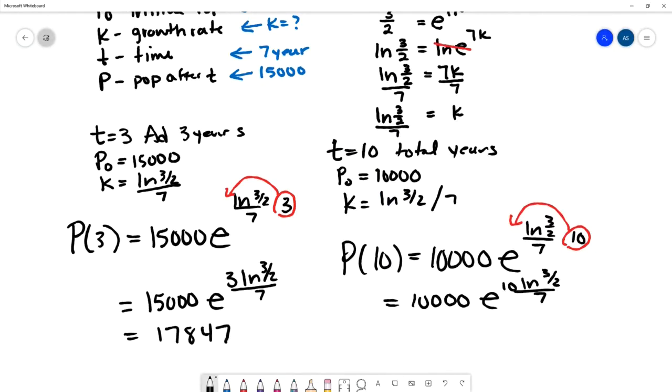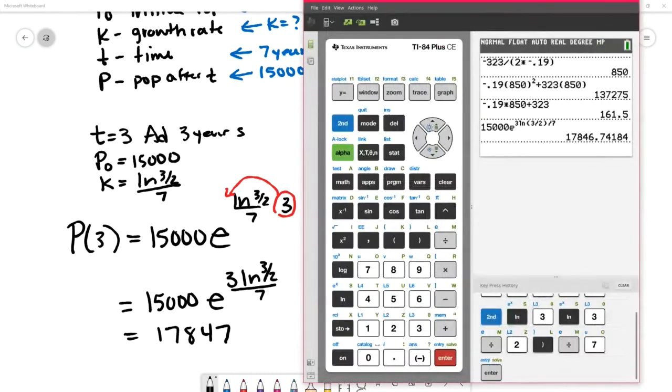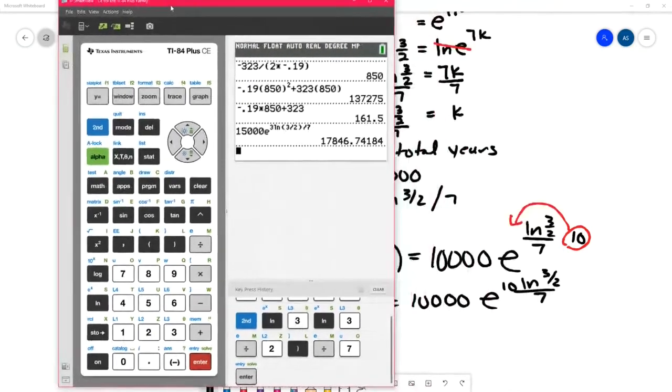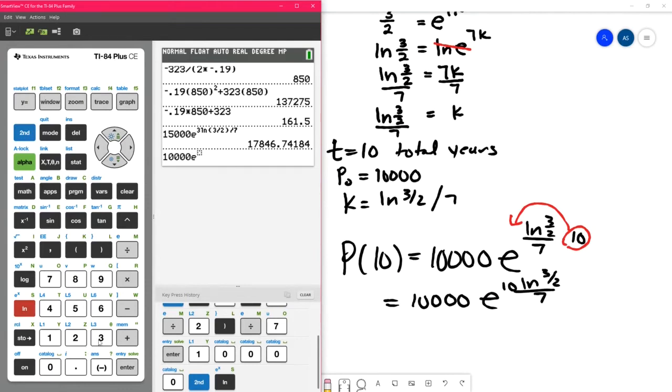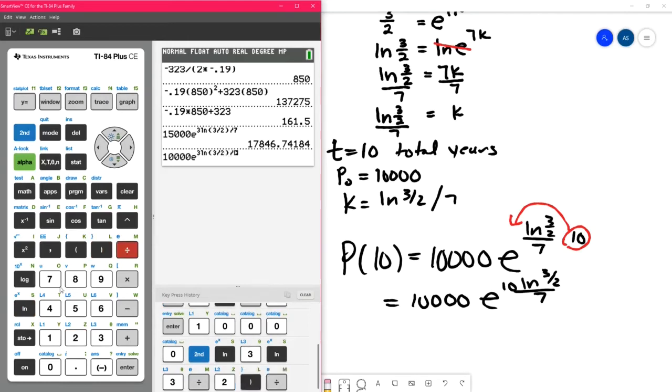So let's try the other one. We should get the same answer. We've got 10,000 e to the 3 natural log of 3/2 over 7.